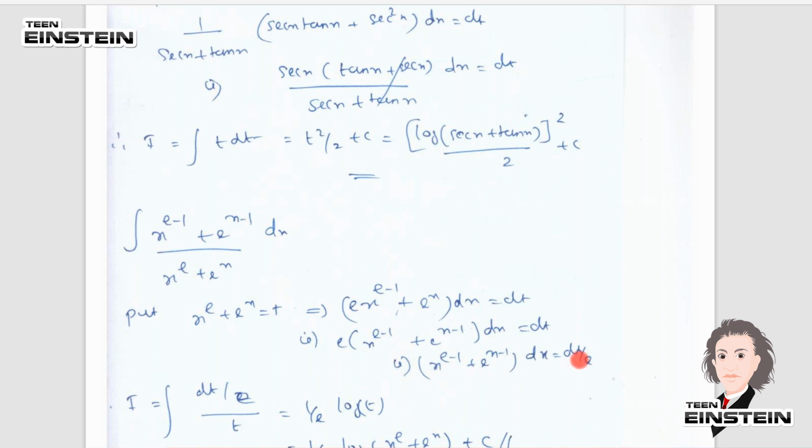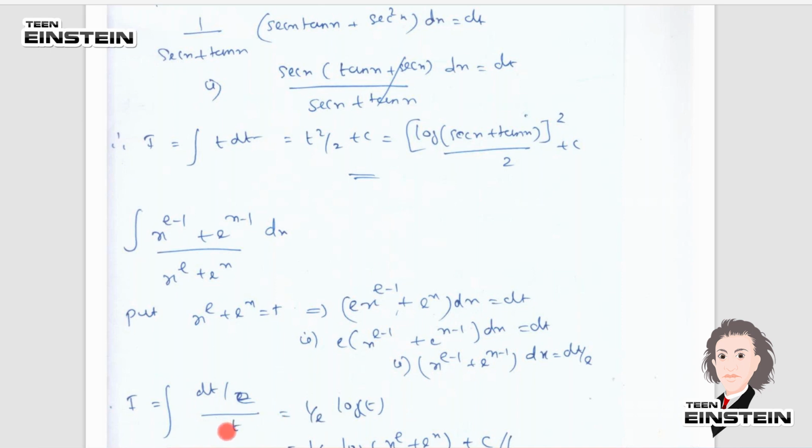So dt by e upon t. What is x power e plus e power x? It is t. So dt by e upon t. 1 by e is a constant. Take it outside. So 1 by e integral dt by t. What is integral dt by t? It is log t, since the differentiation of t is dt, which is in the numerator. So I can write log t, logarithm of the denominator.